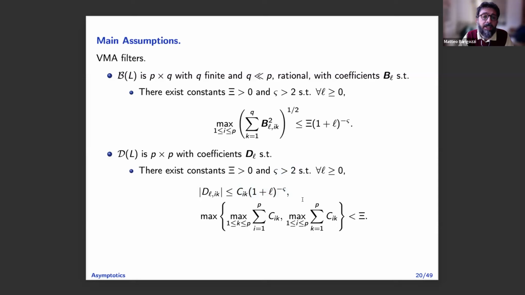But then you have the number of rows and the number of columns. This assumption is crucial, and this is basically what implies that the spectral density has bounded eigenvalues. This controls the cross-sectional dependence. So the C_ik is summable over rows and over columns.